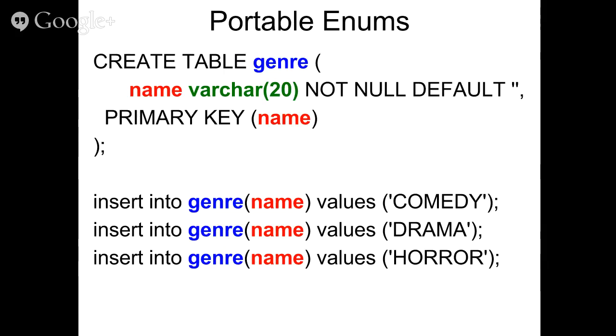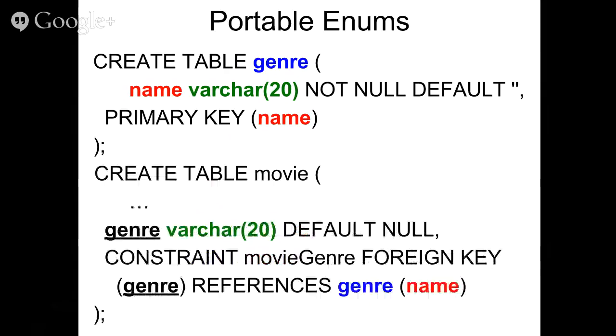I have my enumerated data type, genre. Later, I create a table where I'm going to insert a whole bunch of movies. One of the fields of the movie, besides title and rating and whatever, is its genre.